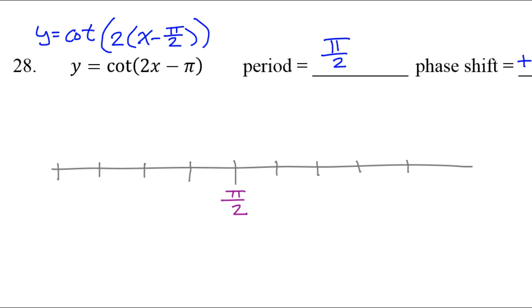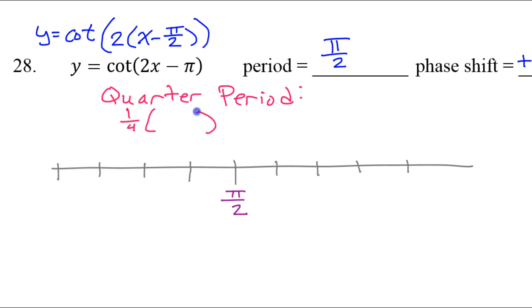So I'm going to ask myself, what is a quarter period in this particular case? Well, a quarter period, of course, is 1/4 of the period. The period for this problem is pi over 2. So it's 1/4 of pi over 2. So a quarter period in this problem is going to be pi over 8.